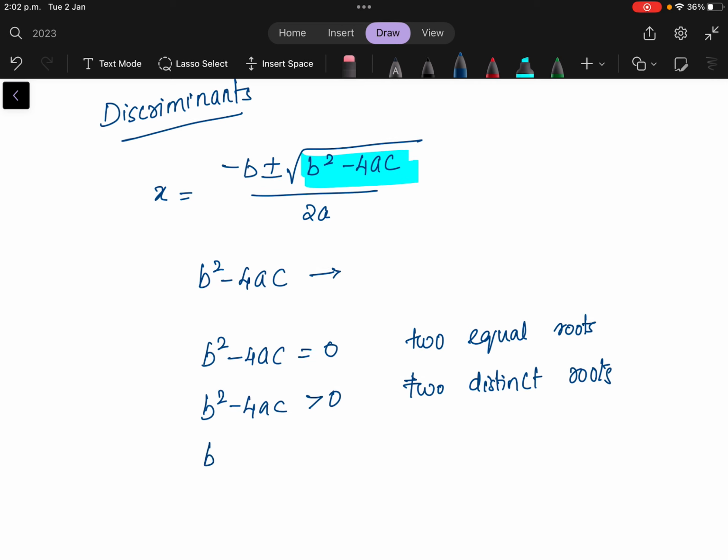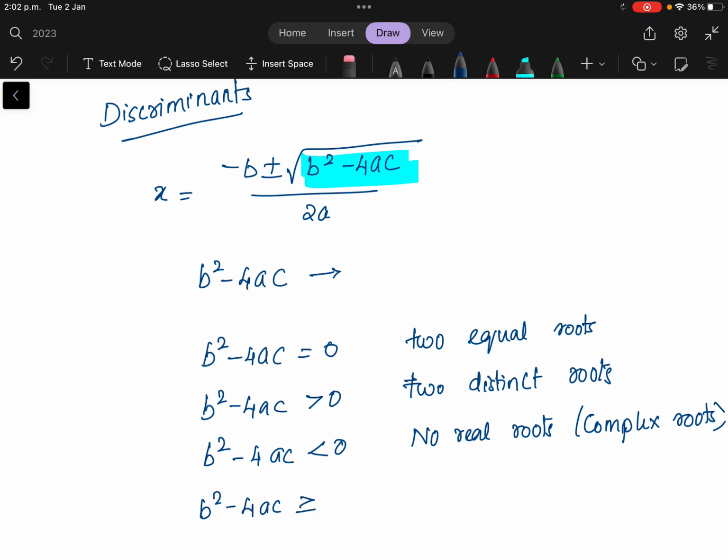If b square minus 4ac is less than 0, there are no real roots, but we will have complex ones. Complex roots means it includes the i factor. Then b square minus 4ac greater than or equal to 0 can be used to prove roots are real.